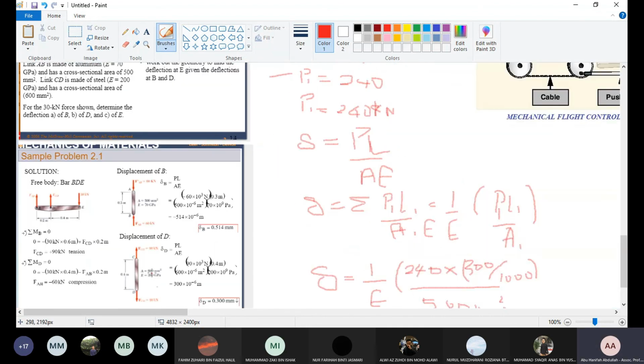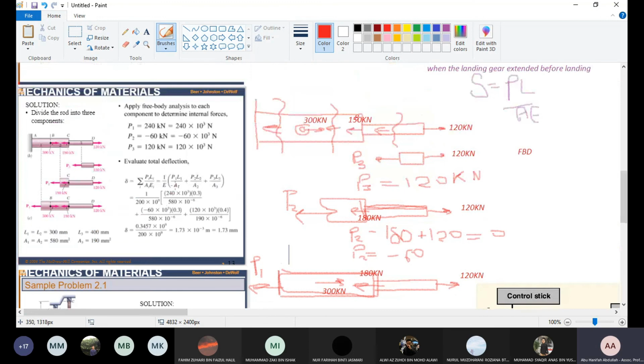You can see here, P1 is from here, 240. The P2 is here, and P3 we plug in here.